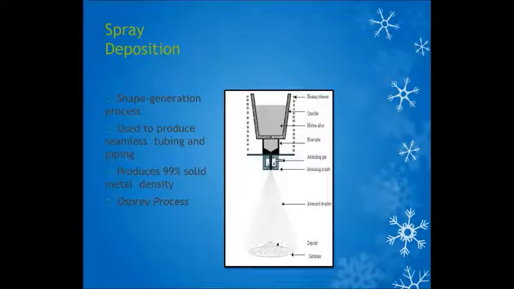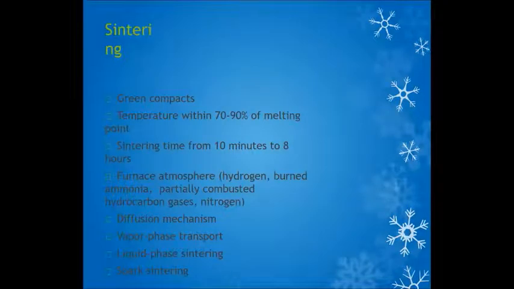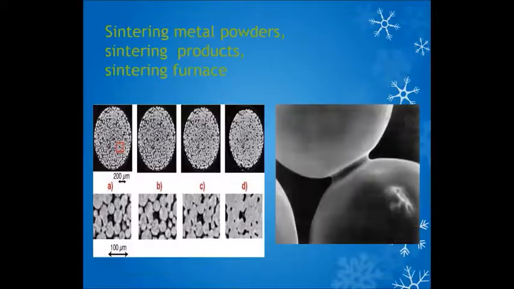Spray deposition is a shape generation process used to produce seamless tube and piping, producing 99% solid metal. Other compacting and shaping processes are powder rolling, extrusion, pressureless compacting and ceramic molding. Then sintering of the green compact takes place at a temperature within 70 to 90% of the melting point.